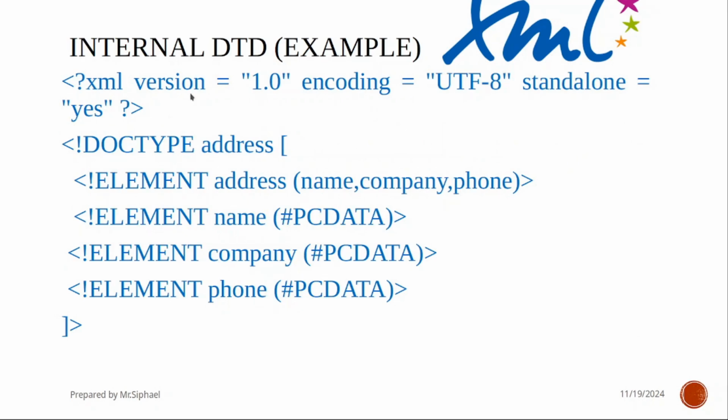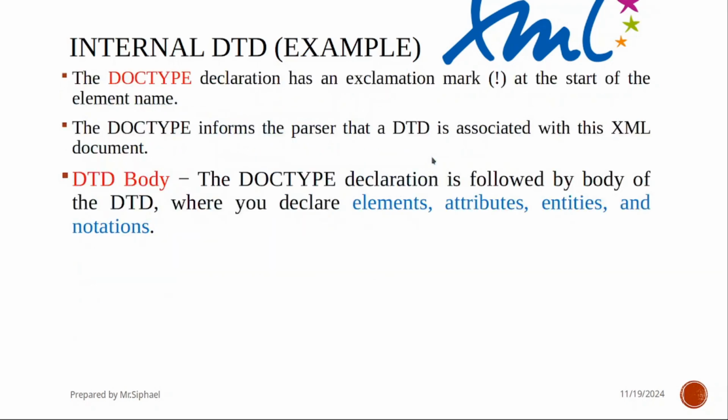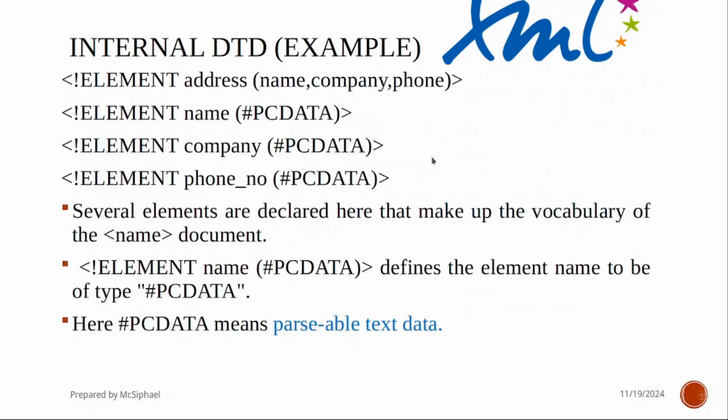The elements, you can see, all start with an exclamation mark, then the actual element, then its definition. This is the example that we had before. Several elements are declared here that make up the vocabulary for the name document.